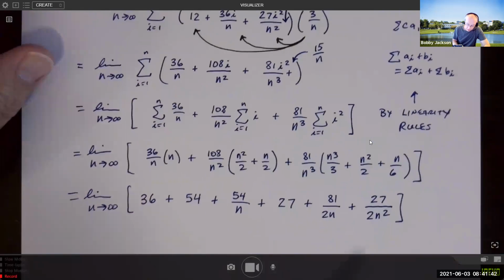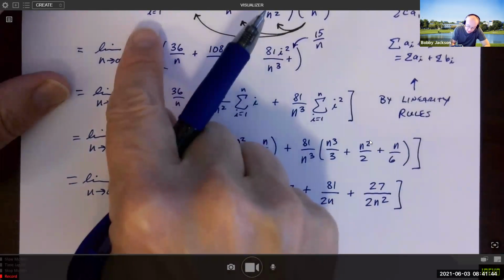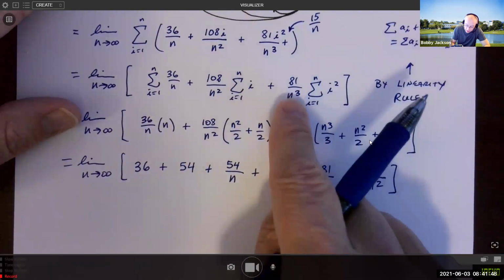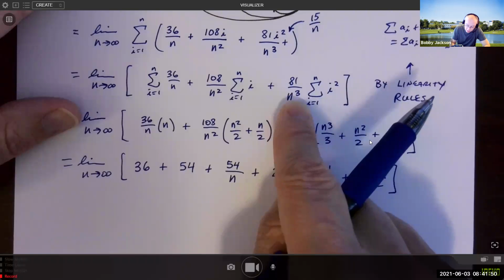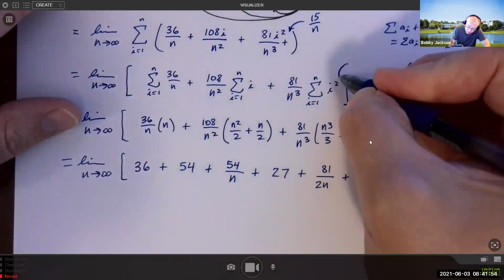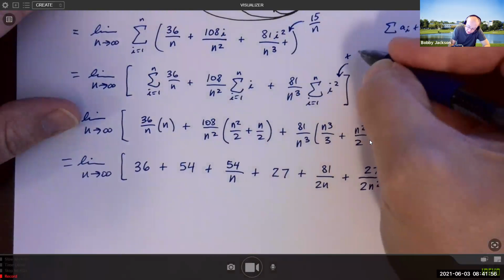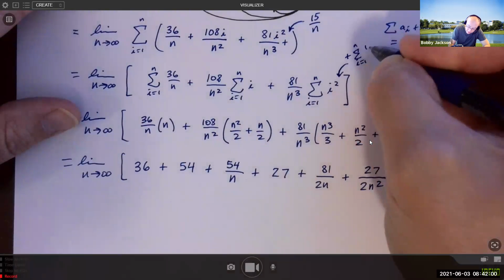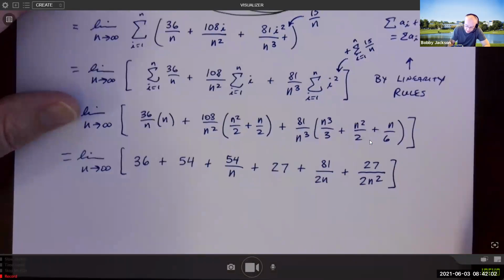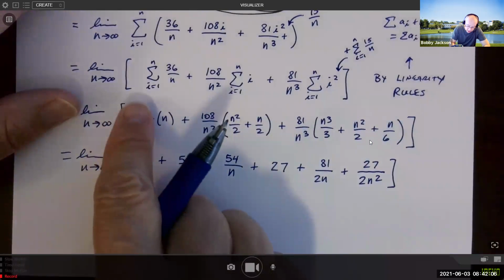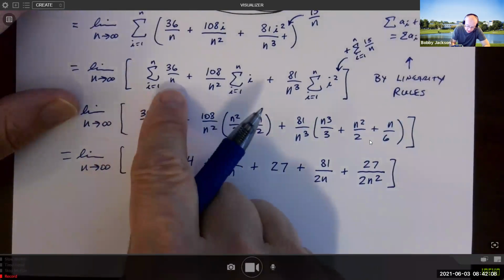Okay, and then I've got the summation of 81 i squared over n cubed, right? Which I pulled the 81 over n cubed out. And now, because I forgot my plus 15 over n, I'm going to add in, right? Plus the summation i equal 1 to n of 15 over n. Okay. Now I'm going to evaluate these things. So first of all, this first one, i equal 1 to n of a constant, 36 over n, right?